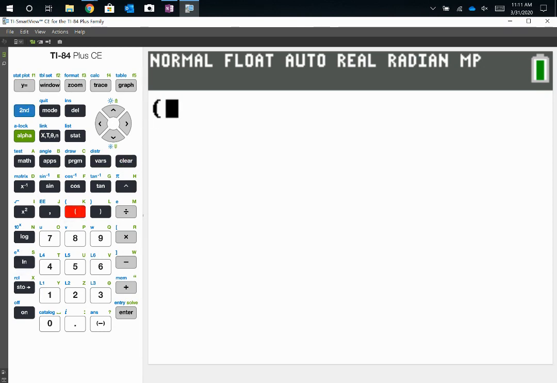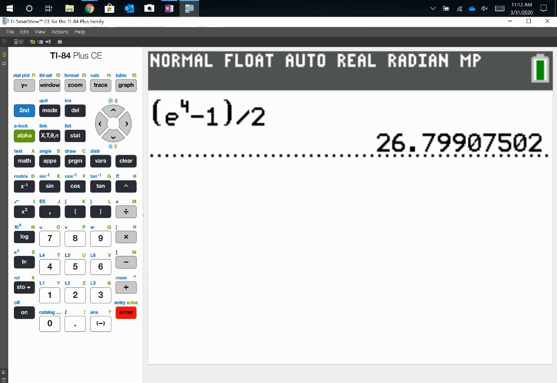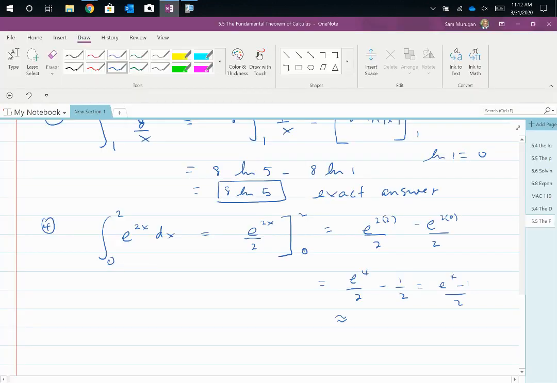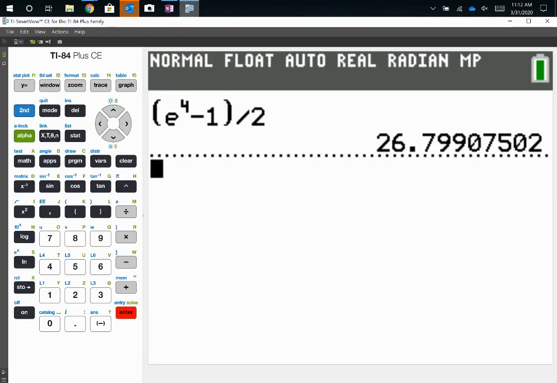Make sure we put that in parentheses: open parenthesis, e to the power 4 minus 1, close parenthesis, divided by 2, to give, to 4 decimal places, 26.7990. Nearest thousandth, sorry, 3 decimal places: 26.799.